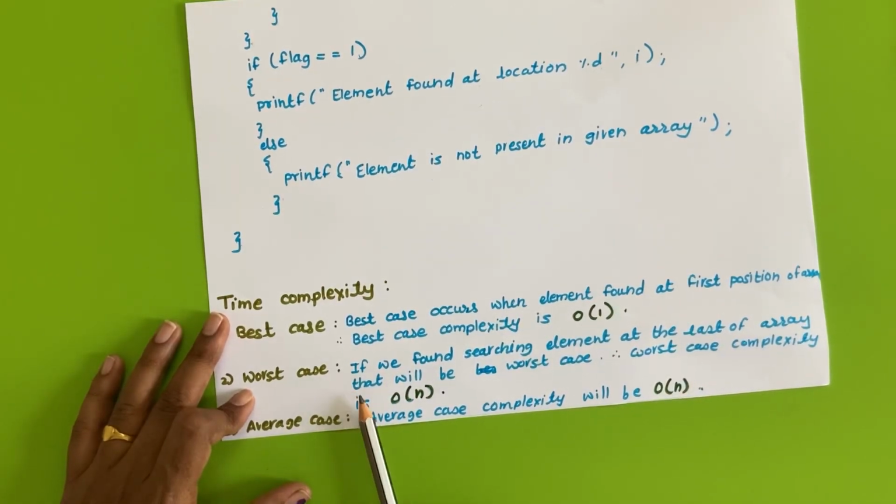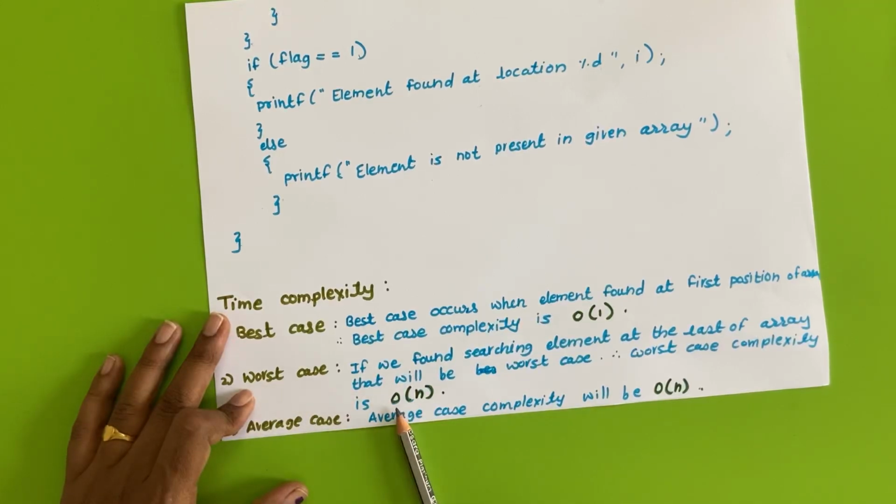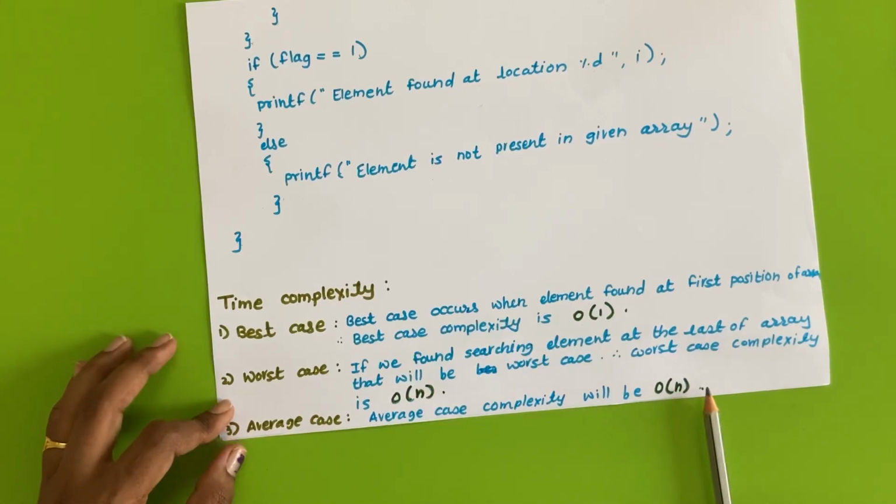So it takes order of n complexity, where n is the total number of elements present in the array. We have to compare all n elements with the searching element. That's why the worst case complexity will be order of n. So the best case is order of 1 and the worst case is order of n. Average case time complexity for linear search is again order of n.